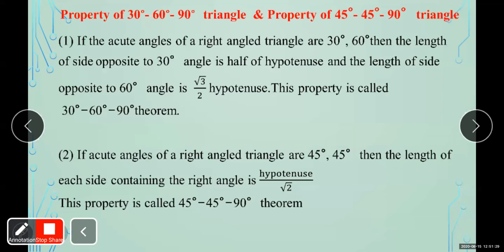Okay. I'm going to take one question on the basis of the isosceles triangle theorem. This triangle is PQR. These two sides are congruent.